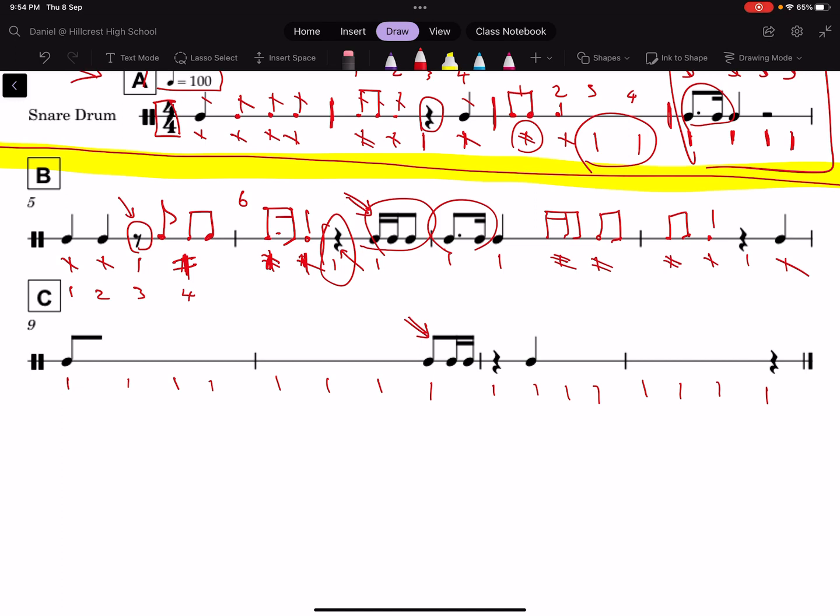Here is section C for the first time. 4 hits on that one. And I had nothing there, so that's a rest.